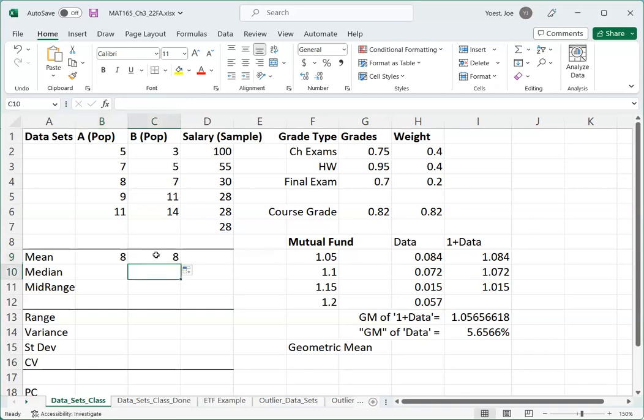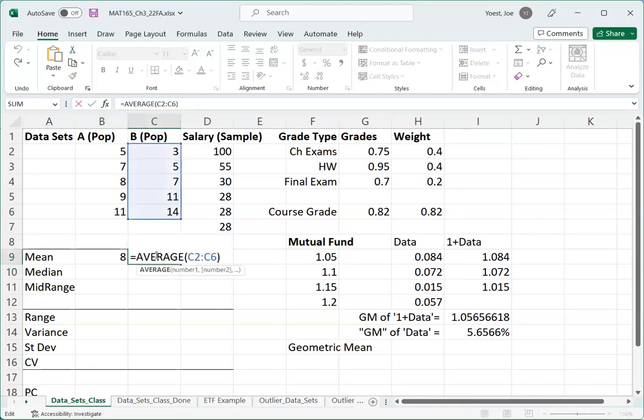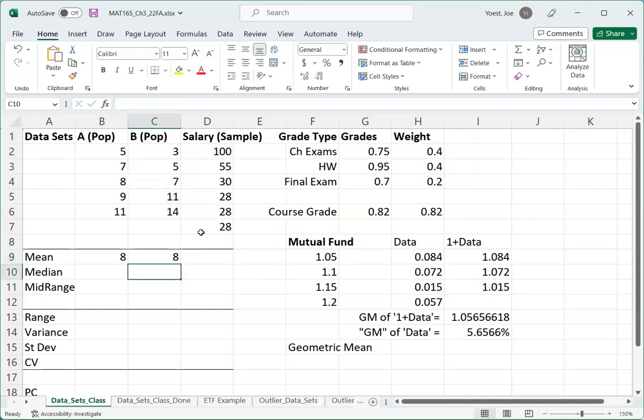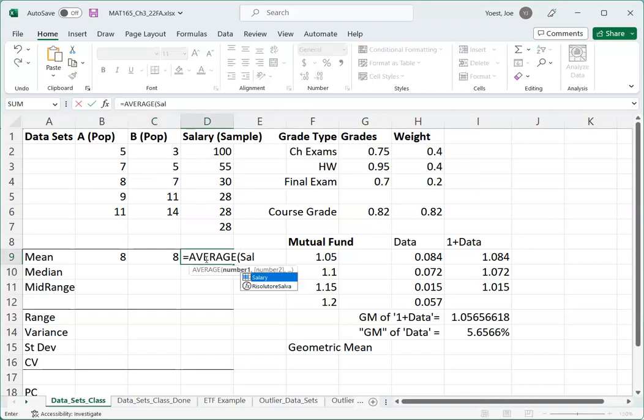I can click and drag over, and I see that now I'm selecting the Brandon data. I don't want to drag again because I'll miss this last one, but I can refer to this data set as salary, which I named it, and that makes it easier for me to refer to.